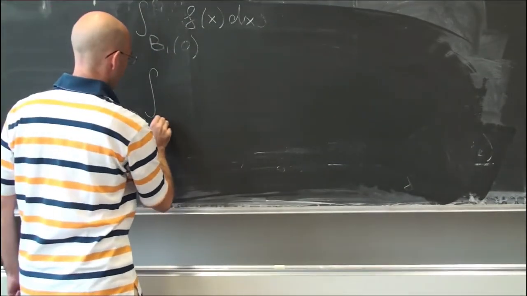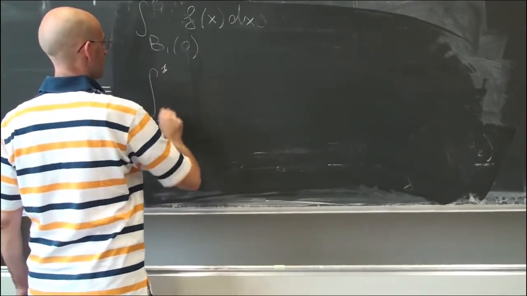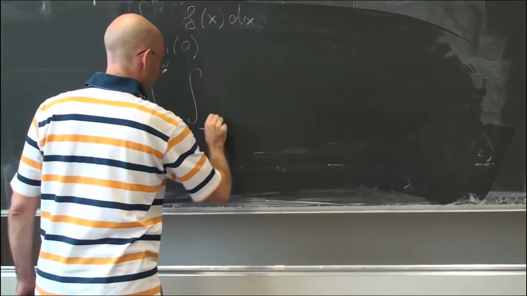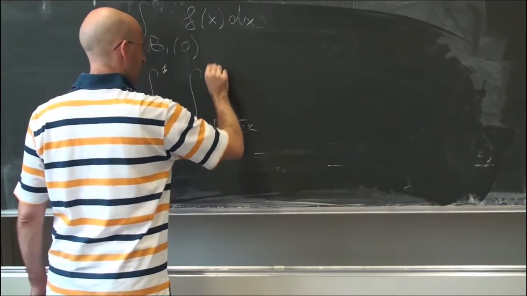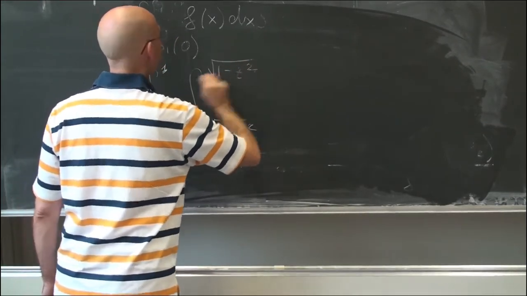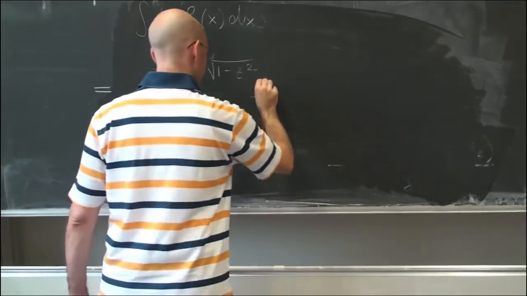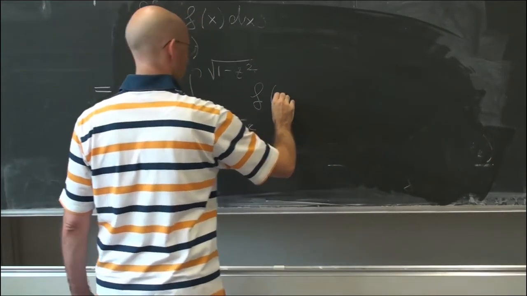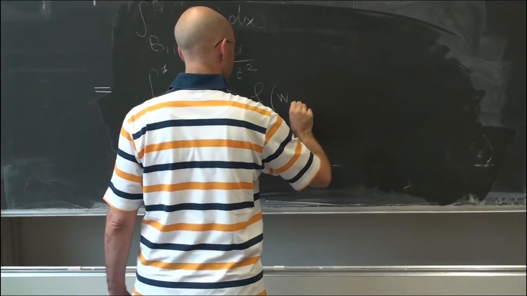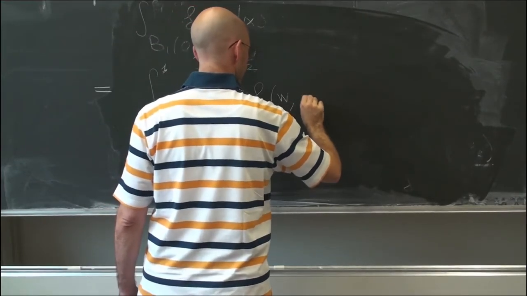You integrate between minus 1 and 1, and then you integrate between minus square root of 1 minus z squared and square root of 1 minus z squared. And then you integrate the function f, first of all in the w variable, and then in the z variable.